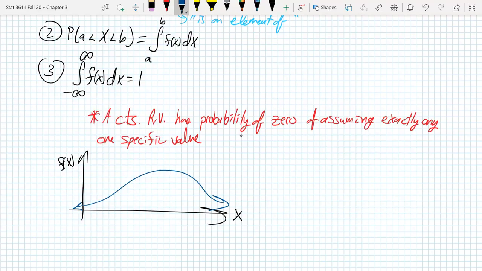Let's say here's A. Well, what we know is that the integral from A to A of any function f of x dx is equal to 0. There is 0 area under that curve.